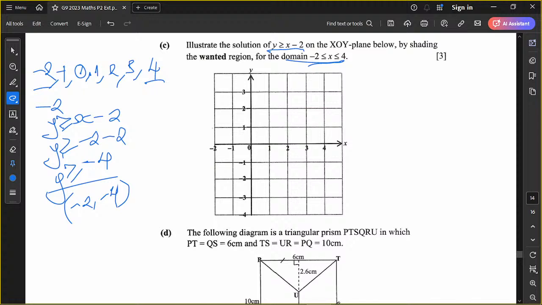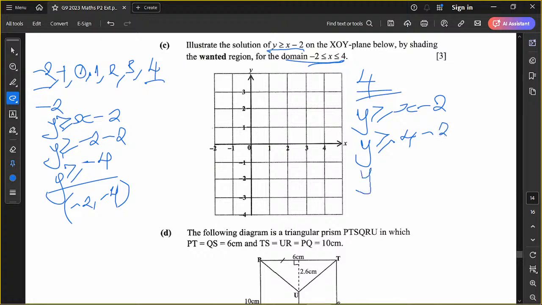Okay, now we come this side, we use 4. So we say, what will be the value of y when the input is 4? We write the function which is y is greater or equal to x minus 2. Then we say y is greater or equal to, what is the value of x? Is 4 minus 2.